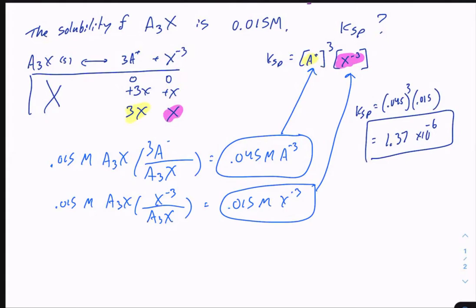All right, did that turn out okay? Did we all get that? All right, that would be exhibit A, right? First type of solubility problem.